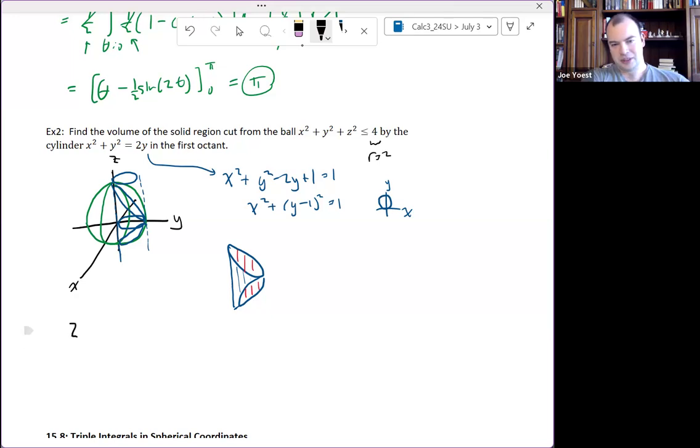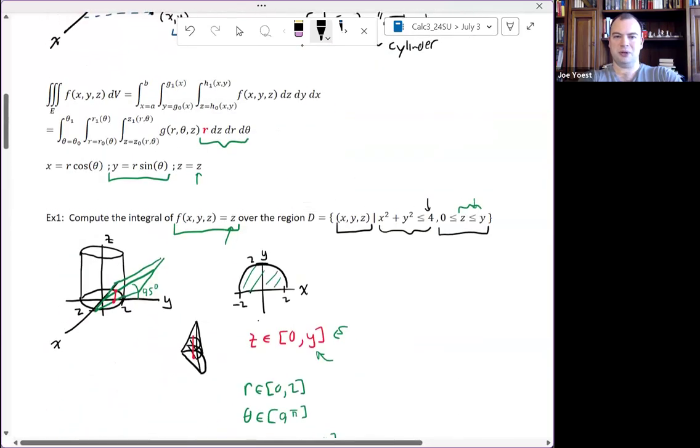So I note that z goes from, well, what? Pretty clearly, we're working in cylindrical coordinates because our region's a cylinder and everything works pretty nicely with cylindrical coordinates. But I see that I have z squared. Well, the boundary is z squared equals 4 minus, but x squared plus y squared is r squared, right?